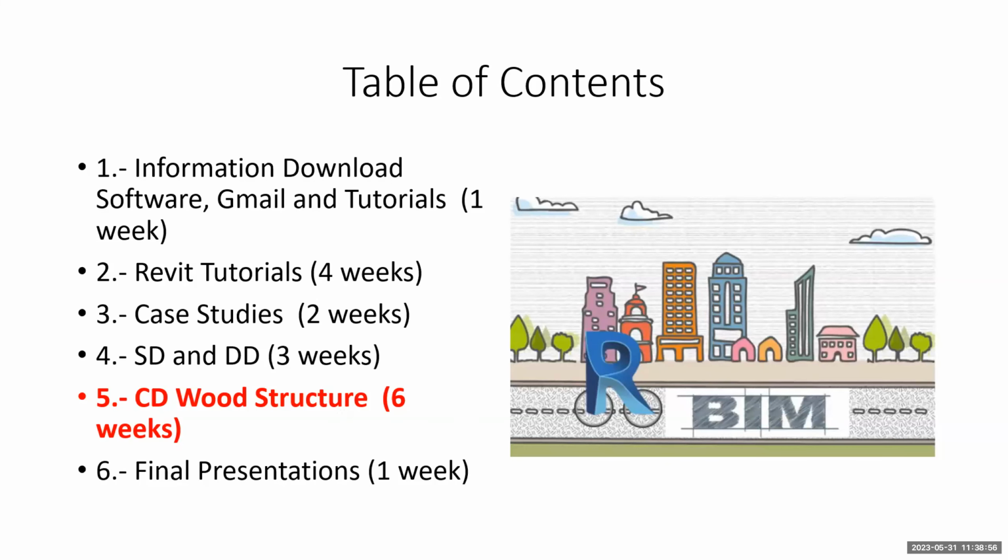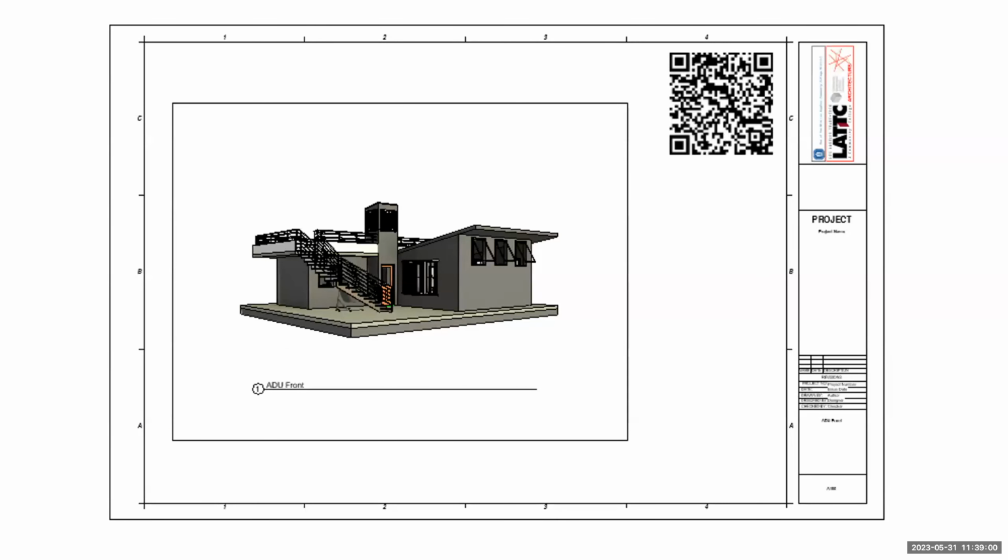Going into the construction documents, I made this cover page for my set. And if you see this QR code up here, you can scan it and see a rendering of my ADU on a grassy field. So I'm going to leave it there for a second if anyone wants to check that out.